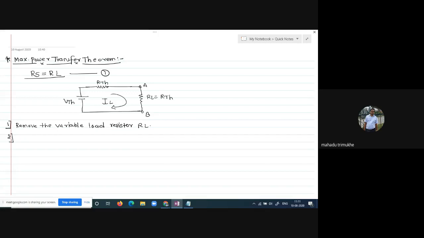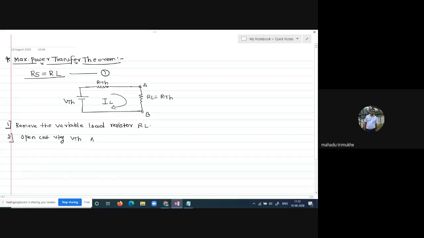Now step number two is to find the open circuit voltage. That open circuit voltage is nothing but your VTH at the open terminal.